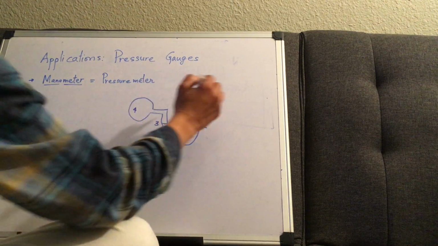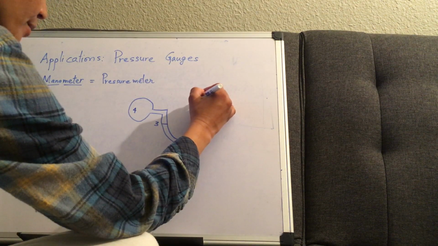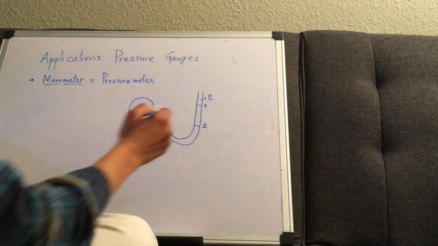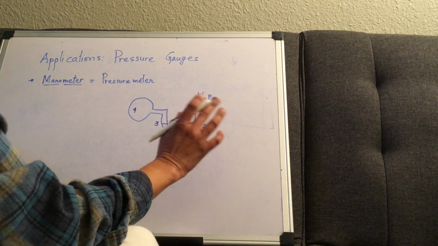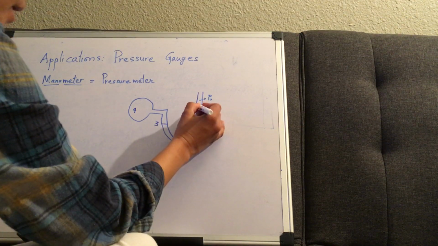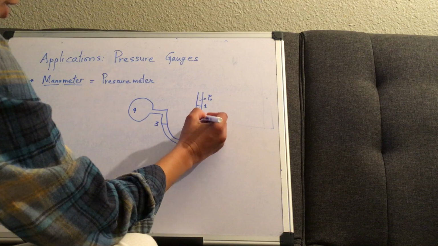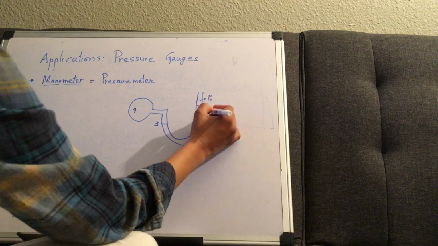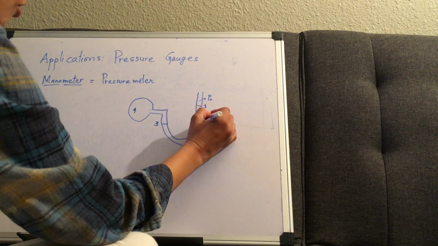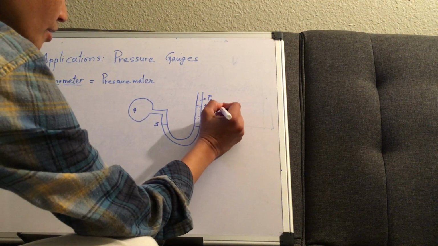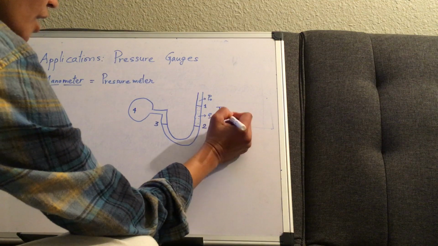Here we just have atmospheric pressure, so this is P naught, basically P atmospheric. This part is usually filled with either water or mercury of density rho, and let's represent this height as h.